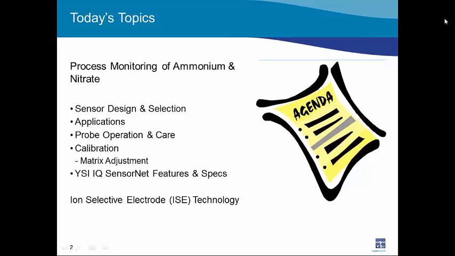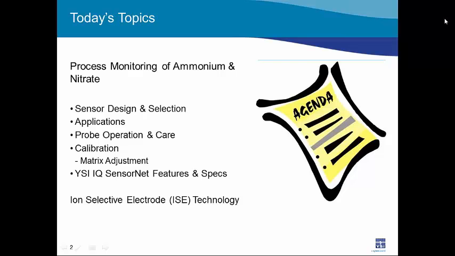Today's topics then are around process monitoring of ammonium and nitrate, especially for municipal wastewater treatment. These subjects include sensor design and selection, a brief bit about applications, how the probes are used, probe operation and care.